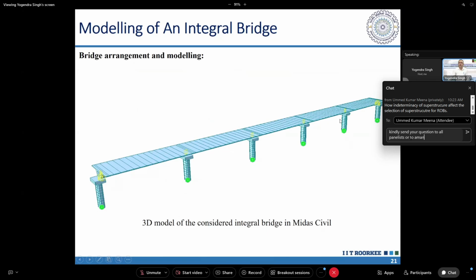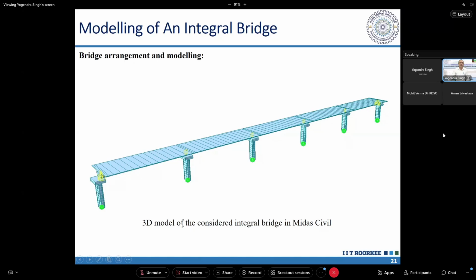So I have shown here the extruded view. Here the superstructure is modeled by a single beam element. And why do you see these transverse lines? These are because I'm showing you the extruded view, but actually this is just a line which I have not shown here. Similarly, these piers are also just lines. So what you see as different elements, actually the pier has been divided into a number of frame elements.